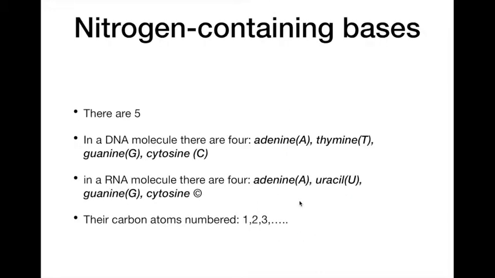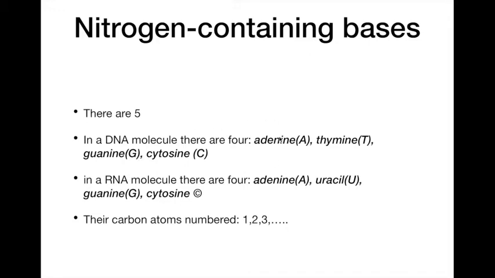First of all, let's start with the nitrogen-containing bases. There are 5 of them found in both DNA and RNA. In a DNA molecule, one can find 4 types of them. And in RNA, also 4. Now, let's see.